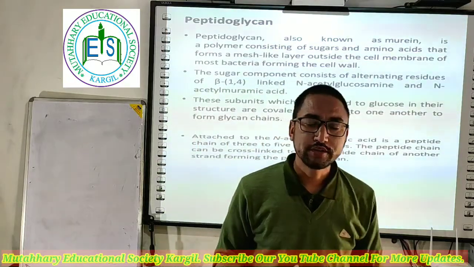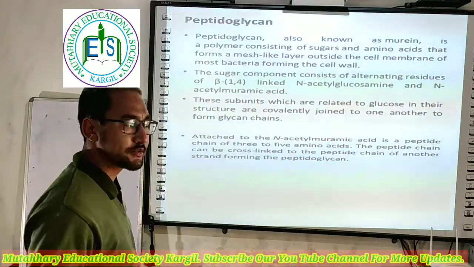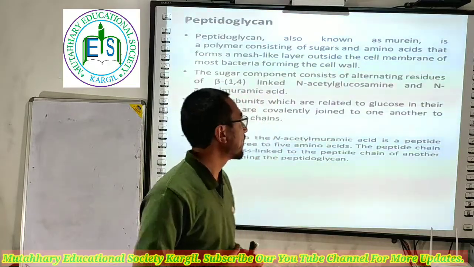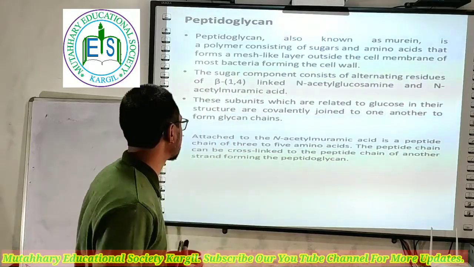So moving on from the outer layer, peptidoglycan is also known as murein because it's a polymer of sugars and amino acids, and they form a kind of mesh or network-like structure.